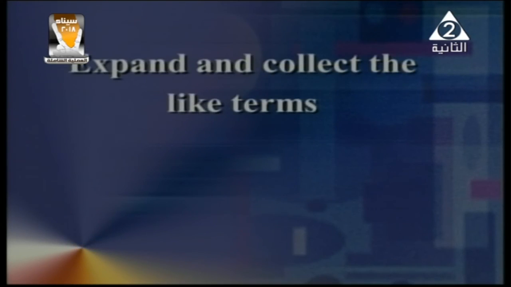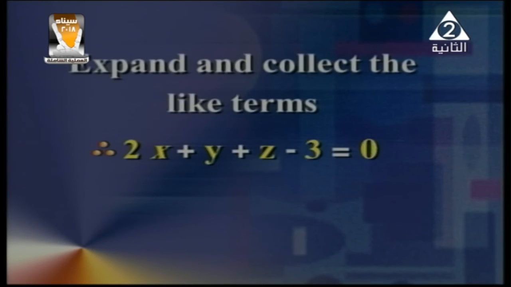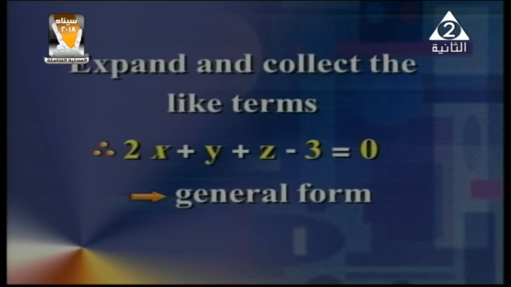We expand and collect like terms. We find the general equation of the plane is 2x plus y plus z minus 3 equals 0. This is the general form of the plane.